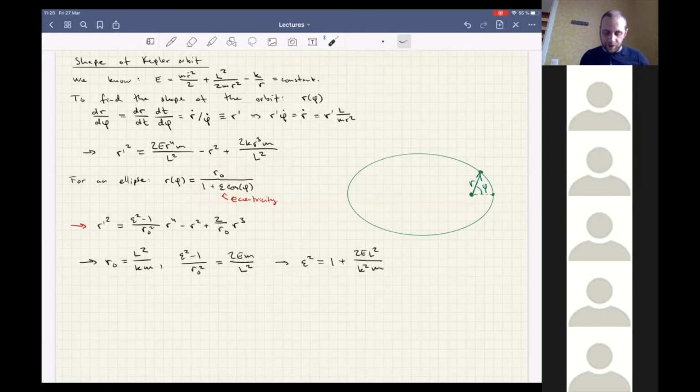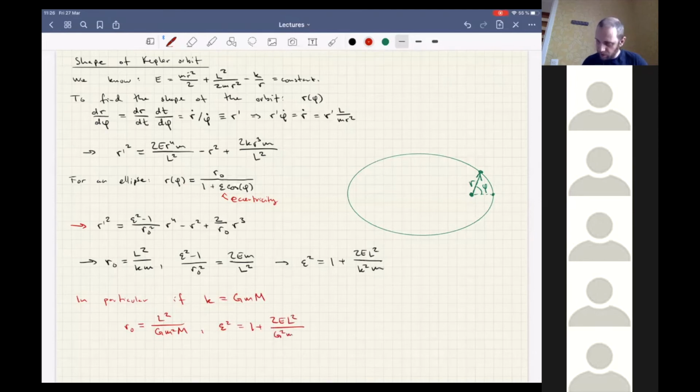Yeah, and of course you can insert here. So in particular, if you let this constant of the Kepler potential K be Newton's gravitational constant times m times capital M, what you're going to end up with is an r0 that is L squared divided by G m squared M, and an eccentricity squared that's 1 plus 2E L squared divided by G squared m cubed M squared.